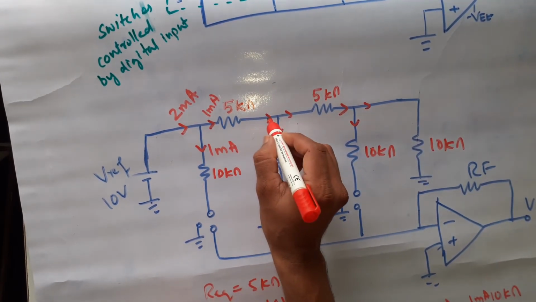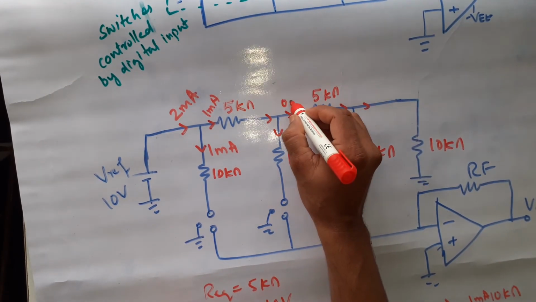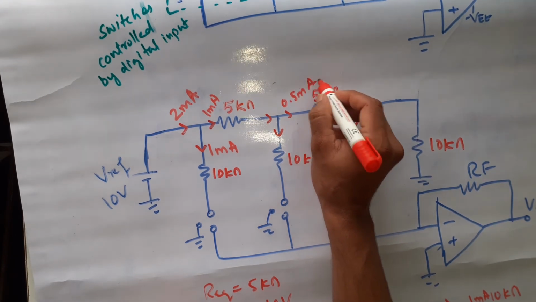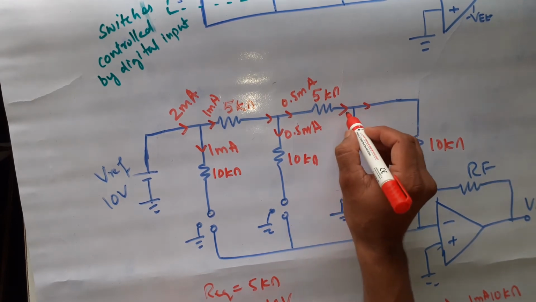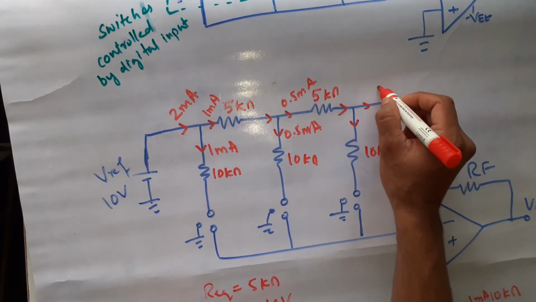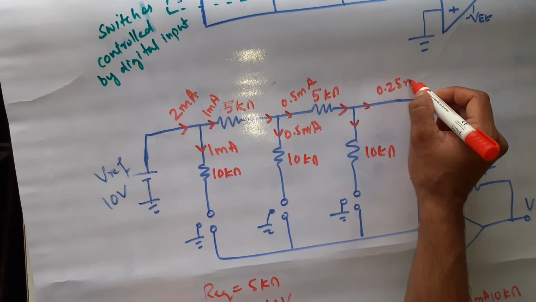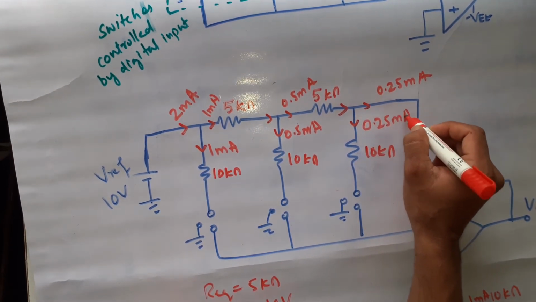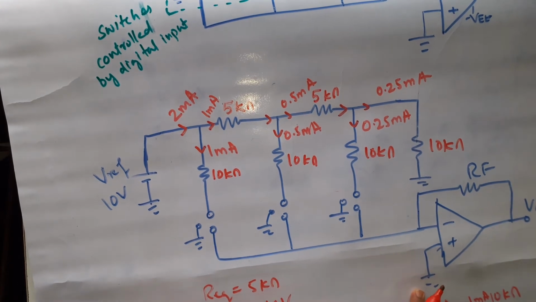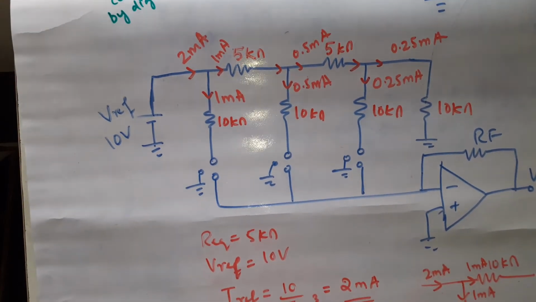This 1 milliamp comes here and splits into 0.5 milliamps and here 0.5 milliamps. This 0.5 milliamps comes here and splits into 0.25 milliamps and here 0.25 milliamps. Understood? This is how it goes on.